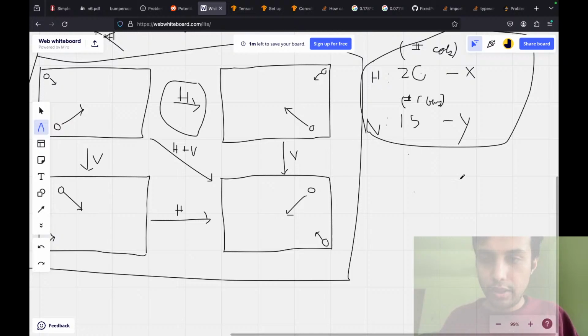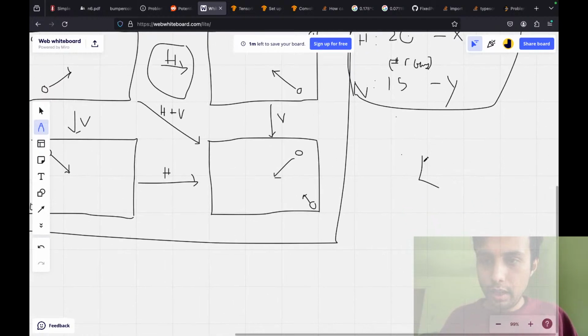And 20 minus x again, if you look at the graph, to tell if something is its own inverse, you look at the line y equals x. I should have made it dotted.